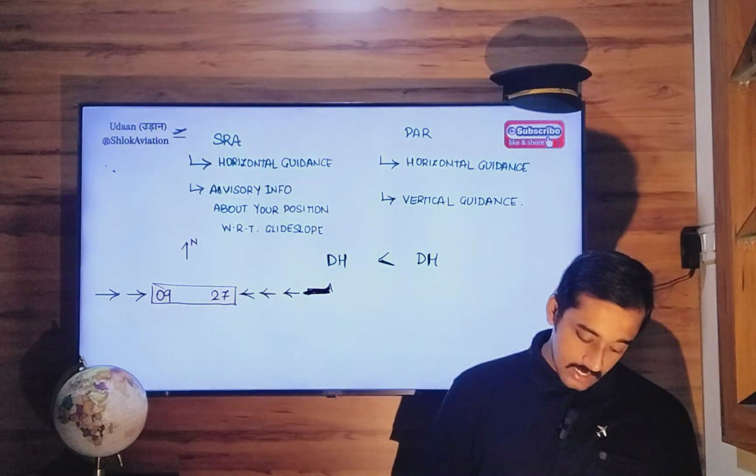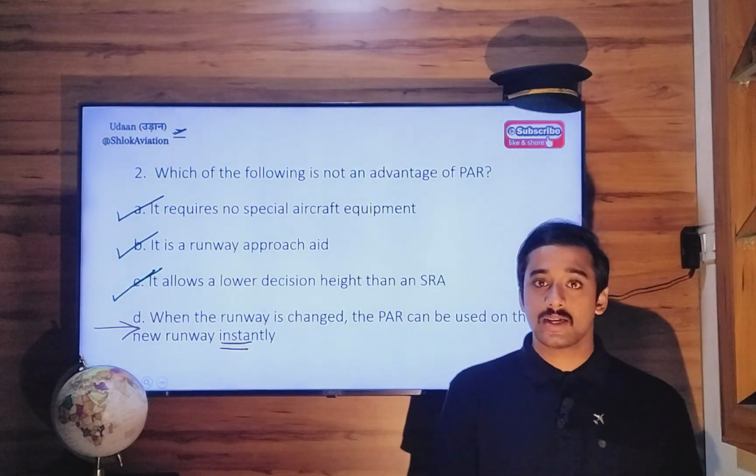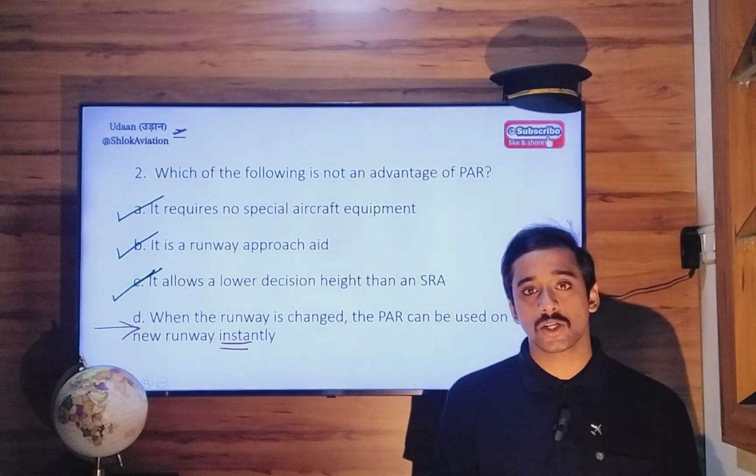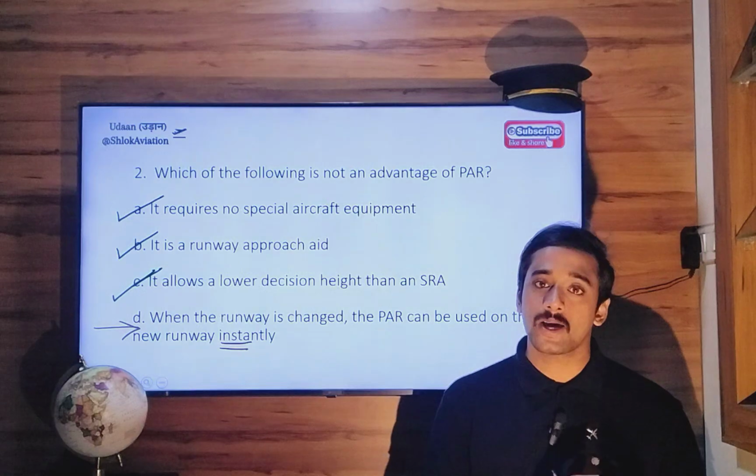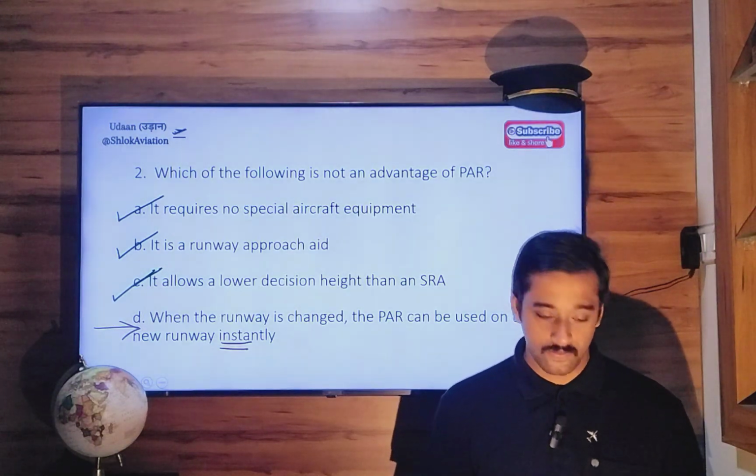So option delta is a wrong option. It's a disadvantage that precision approach radar cannot be used instantly. You have to wait for half an hour before it can be used on a reciprocal runway.